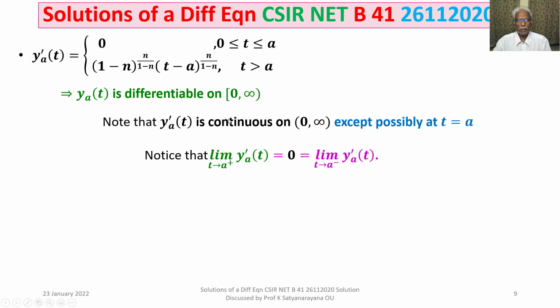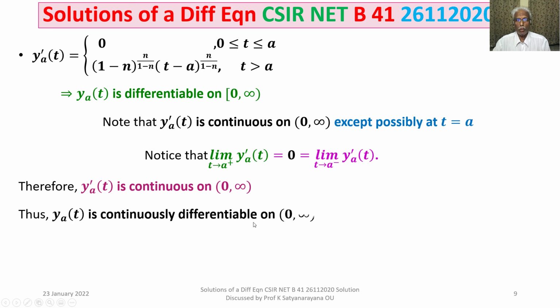So the discontinuity we expected is not there. It is continuous there. Therefore, y_a'(t) is continuous on 0 to infinity, and y_a(t) is differentiable with a continuous derivative. Therefore, it's a continuously differentiable function on 0 to infinity.